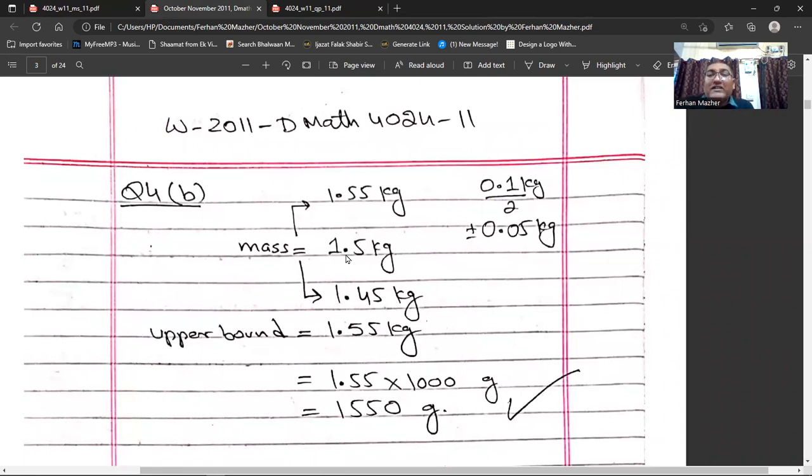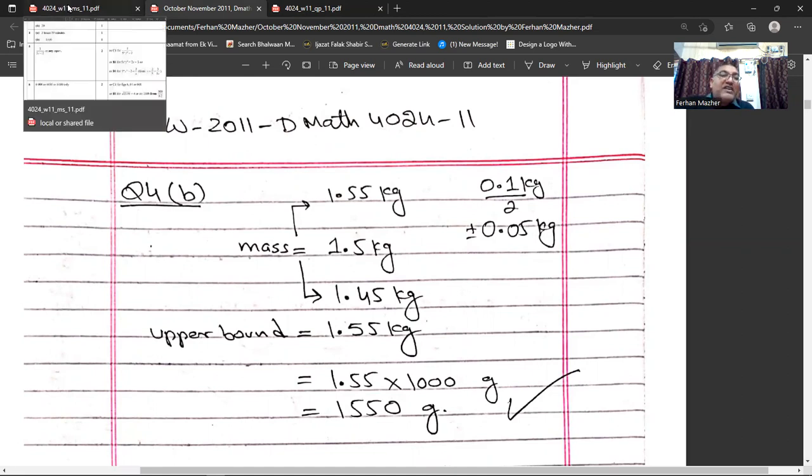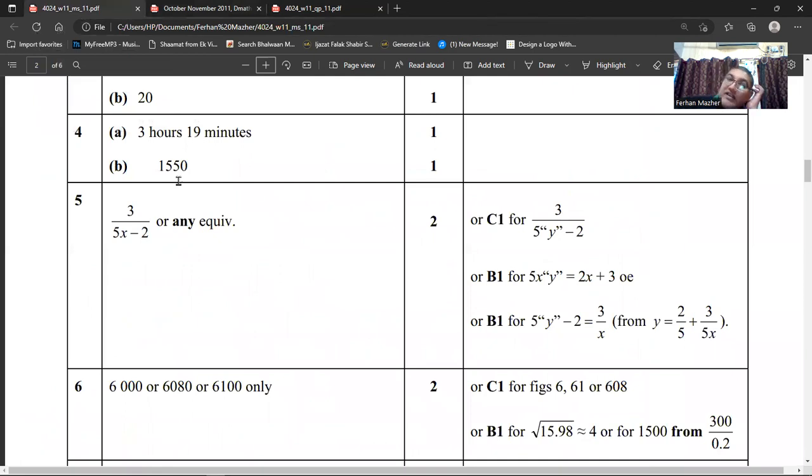So if you want to convert the kg into gram, you will have to multiply it with 1000. Because in 1 kg there are 1000 grams, so 1.55 multiply 1000 and that will give you 1550 gram. So question number 4, its B part, 1550 gram. 1550 is the right answer, sir.